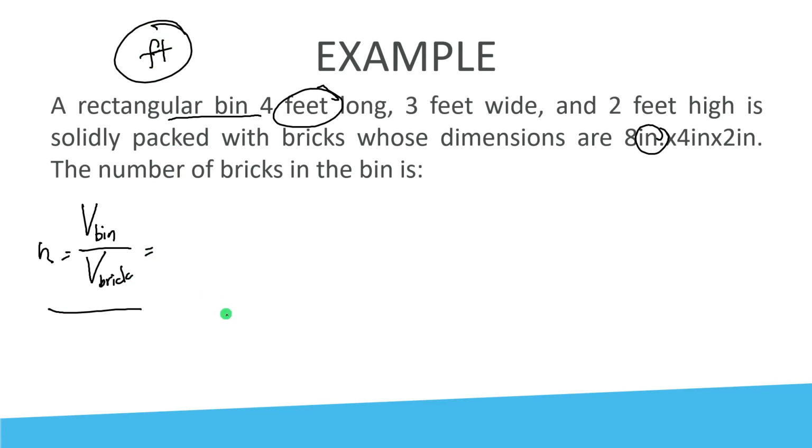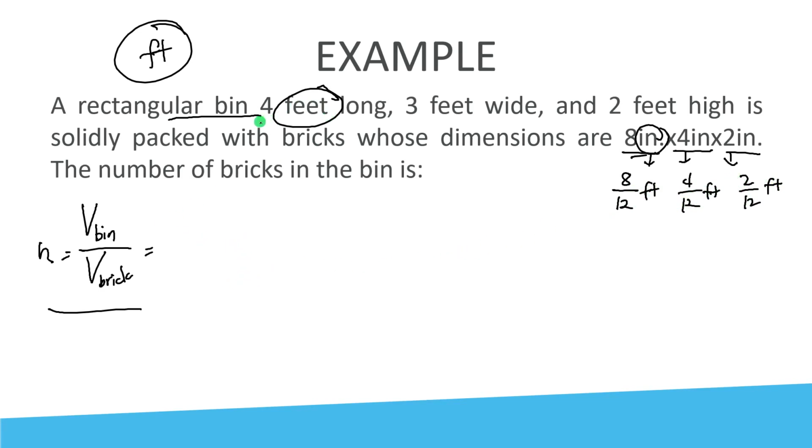It means that we must convert these dimensions into feet. Converting inches to feet, just divide by 12 in order for it to have a unit of feet. So this one would be 4 over 12 feet, and 2 divided by 12 will be in feet. So we can now compute the number of bricks.